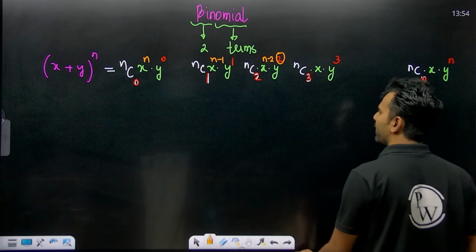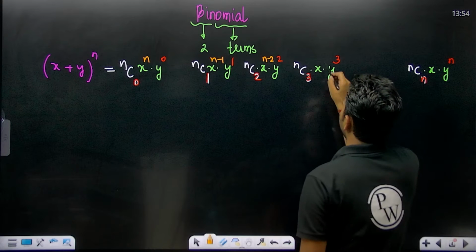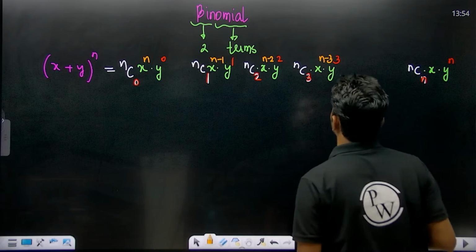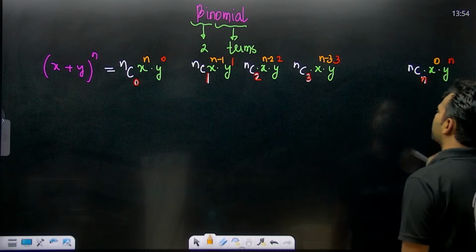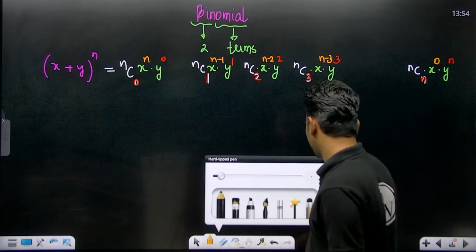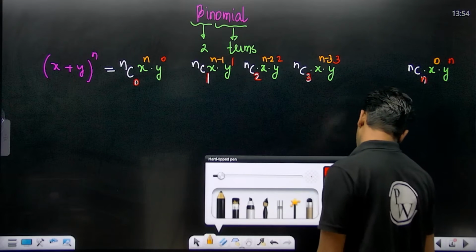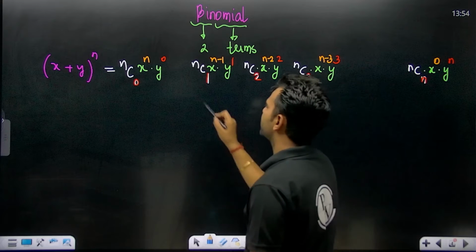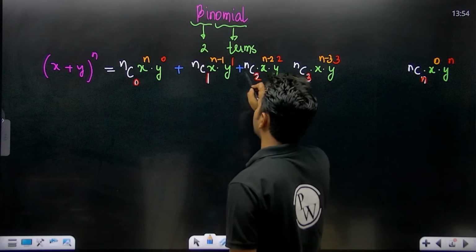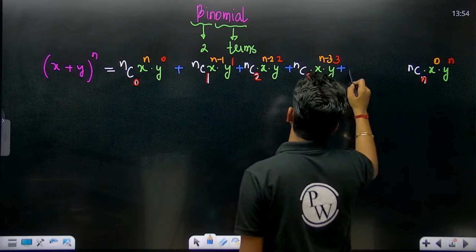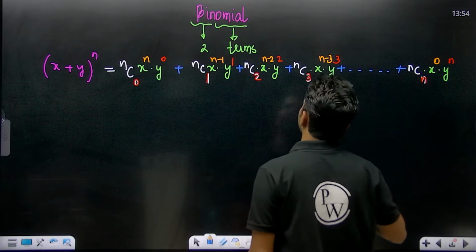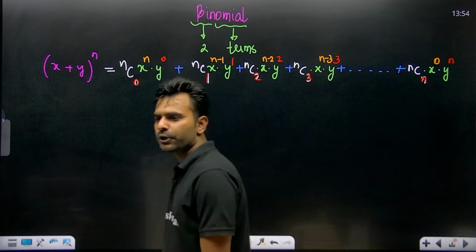So over here the power of x is going to be n minus 2. Over here the power of x is going to be n minus 3. And over here the power of x is going to be 0. Yes or no, everyone? And just add all these terms. What you get is nothing but the binomial theorem.